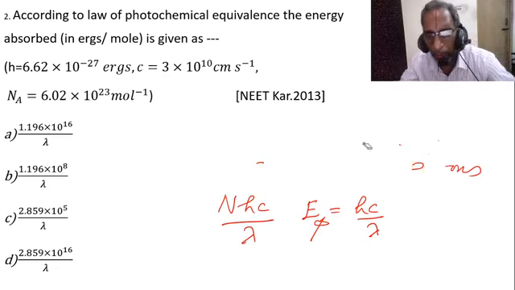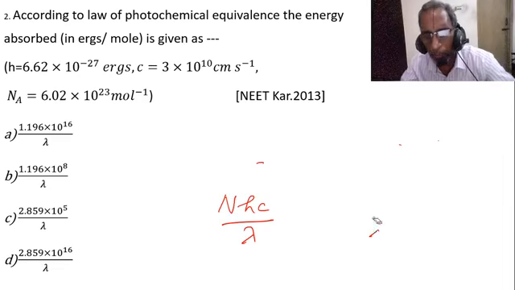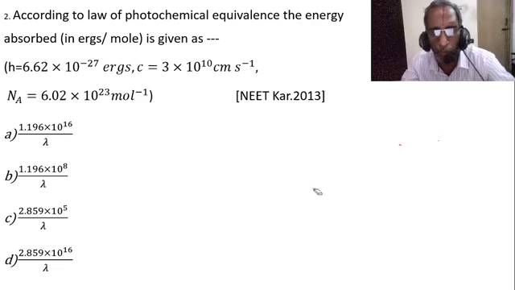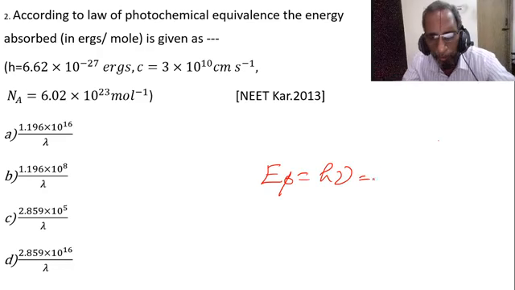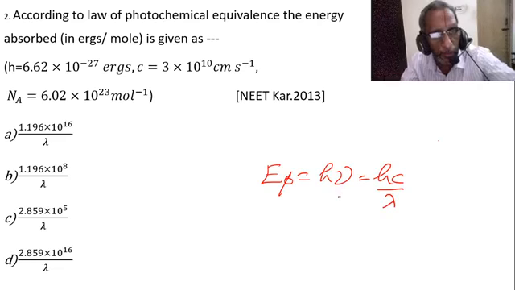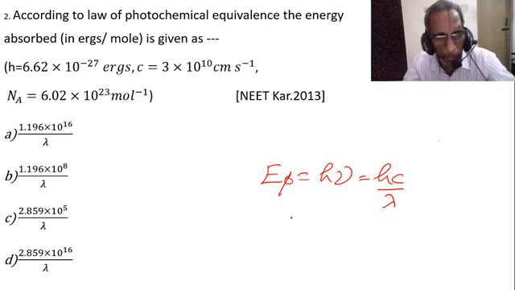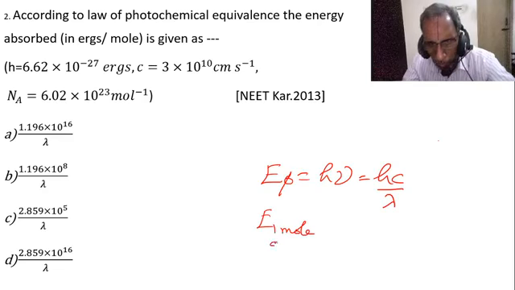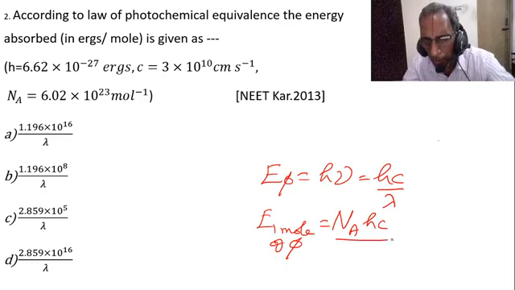So photochemical equivalence is nothing but 1 mole of photons; energy of 1 mole of photons is called photochemical energy. Energy of 1 photon is h nu, or hc by lambda. Whereas energy of 1 mole of photons is Na into hc by lambda.